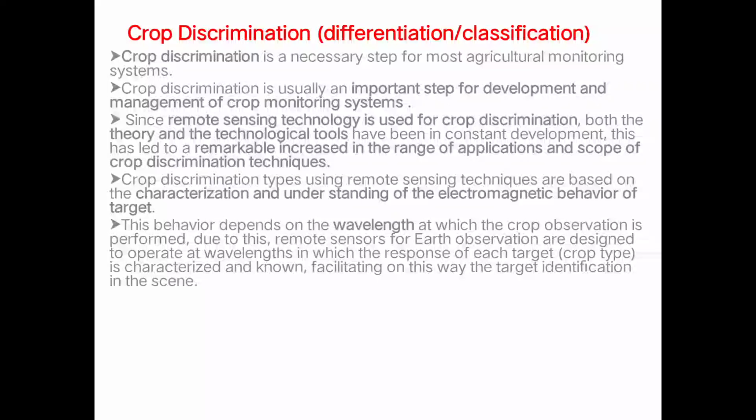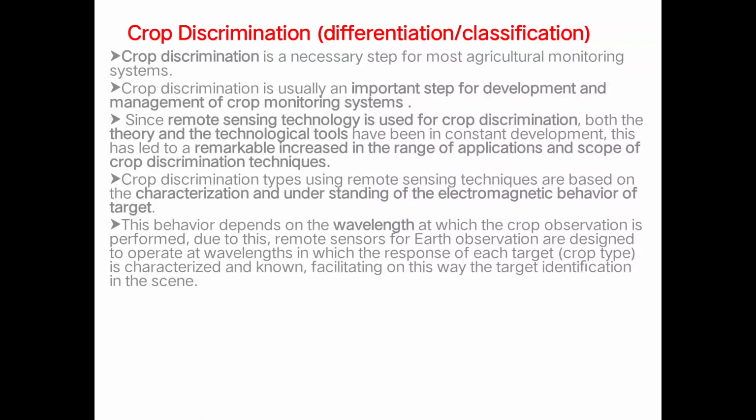monitoring systems. Since the remote sensing technology which is used for crop discrimination, both the theory and the technological tools have been in constant development. This has led to a remarkable increase in the range of applications and the scope of crop discrimination techniques.